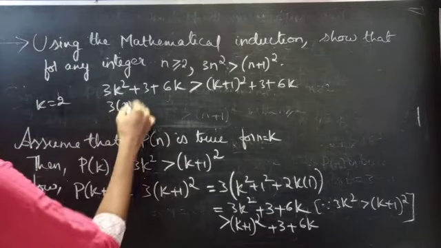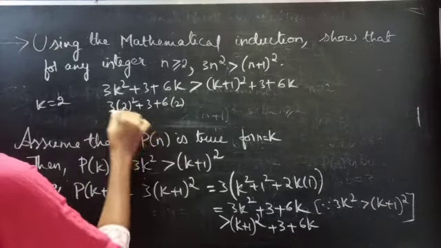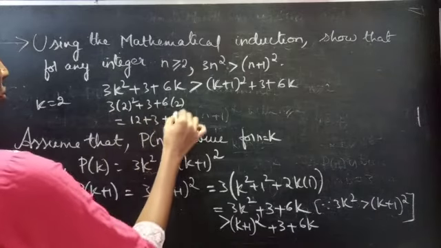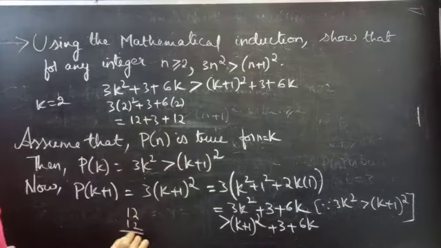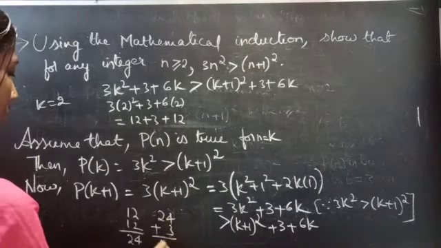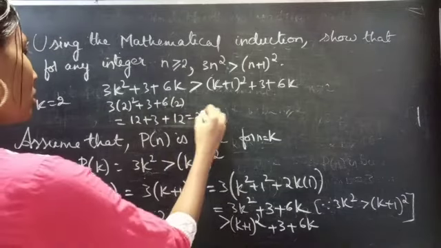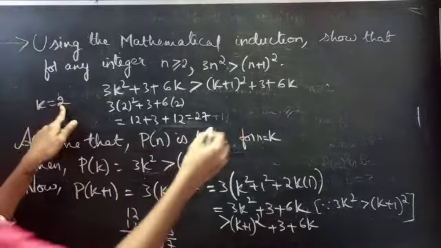3 into 2 square plus 3 plus 6 into 2: 3 4s are 12, plus 3, plus 6 2s are 12. So 12 plus 12 is 24, plus 3 is 27. So this is equal to 27. Now coming to RHS, put k equals 2.